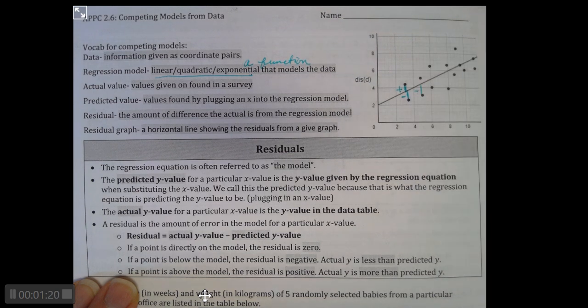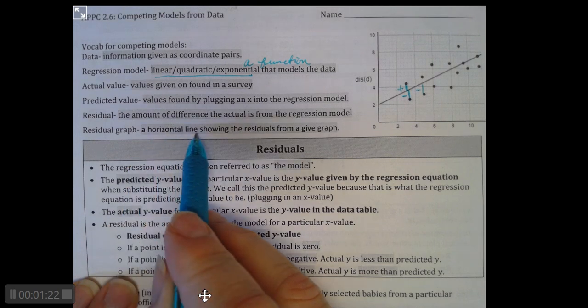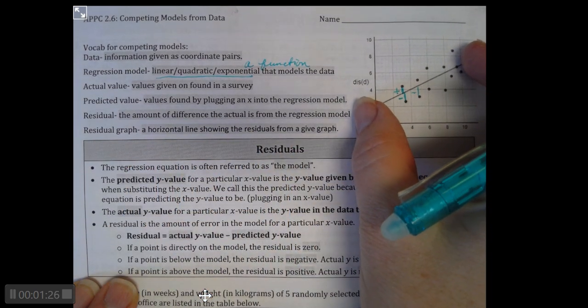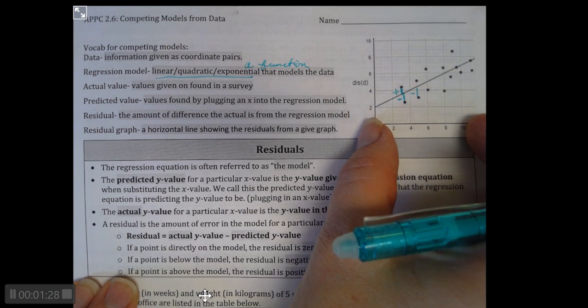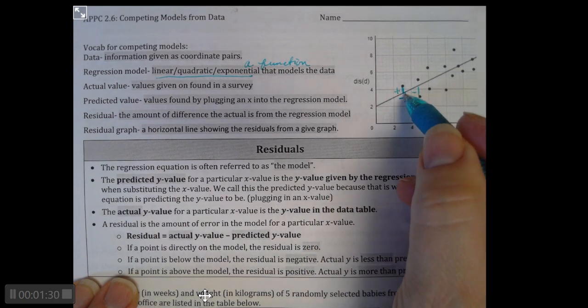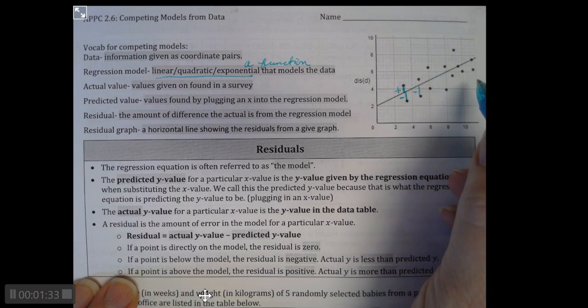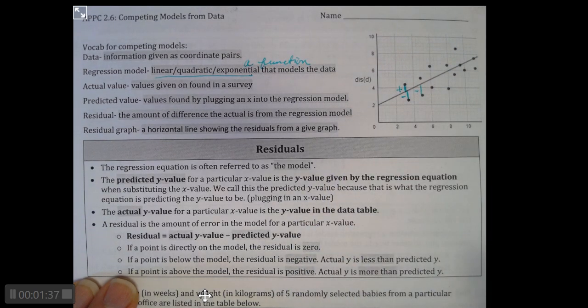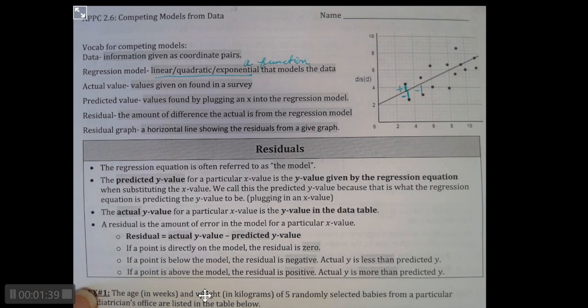This one is negative. A residual graph, we'll see an example of this, but on a linear one, it's really easy to see because it will take it and let it come down here. And if all of these were attached with these little blue lines, those little blue lines would all move with it, and that's what a residual graph looks like. We'll see that later in the lesson.